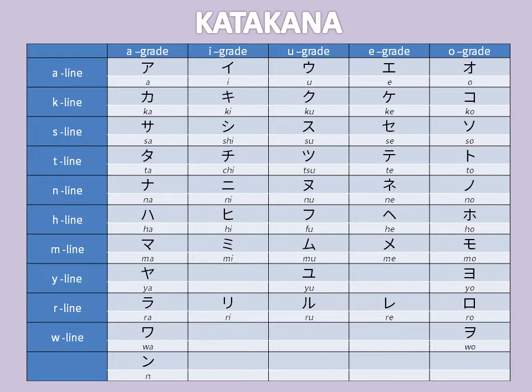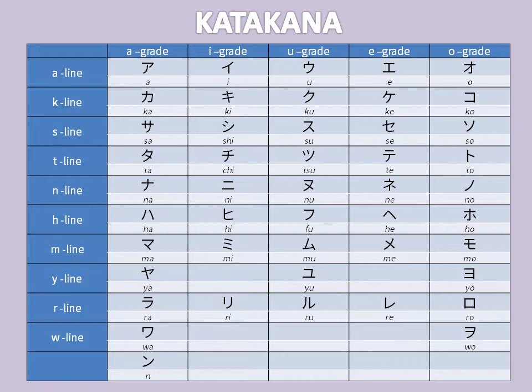A, I, U, E, O, Ka, Ki, Ku, Ke, Ko, they are all A line, K line, S line, and so on. And A, Ka, Sa, Ta, Na, I, Ki, Shi, Chi, Ni, Hi, U, Ku, Su, these are all grades. A grade, I grade, U grade, E grade, O grade.